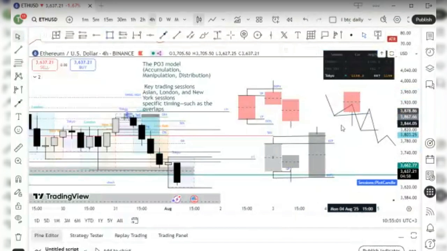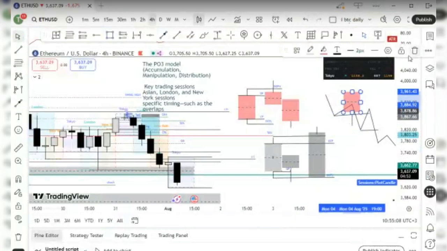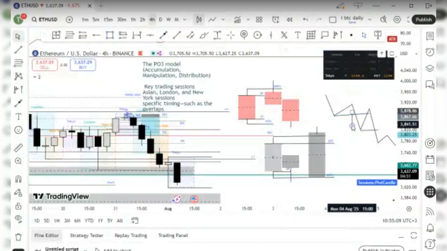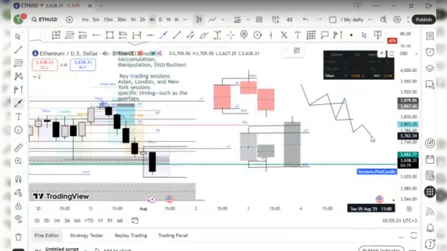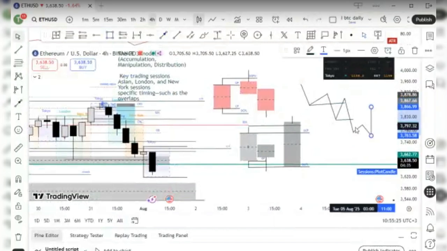If it is like this, then we consider it as manipulation. Instead of price continuing, we see a manipulation taking place, then price does like this, coming and taking this side here.